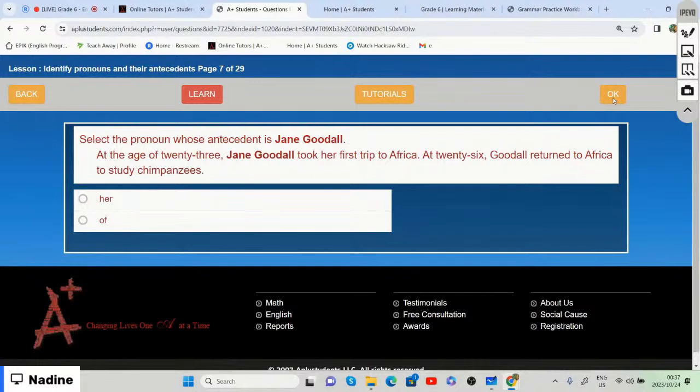And then we need to select the pronoun whose antecedent is Jane Goodall.